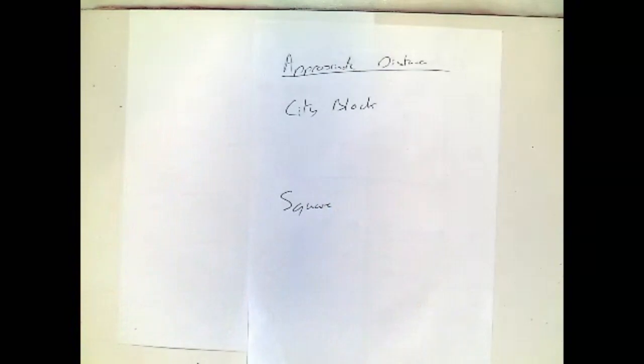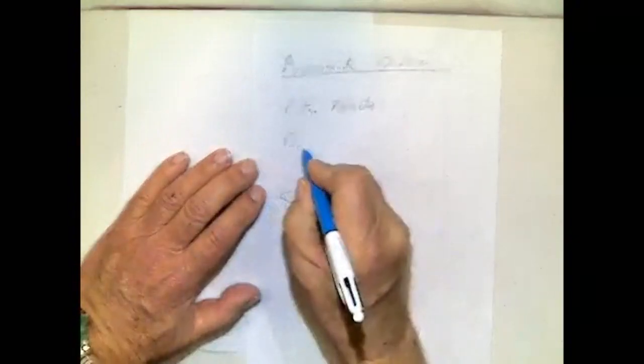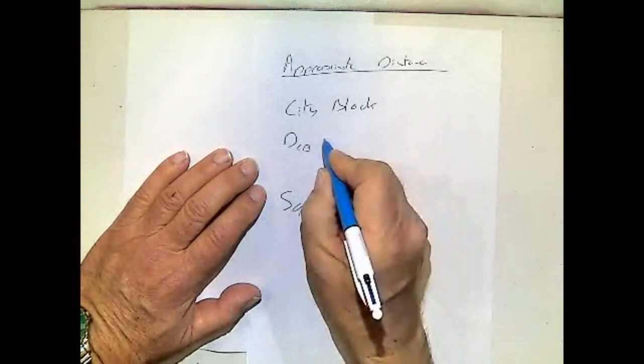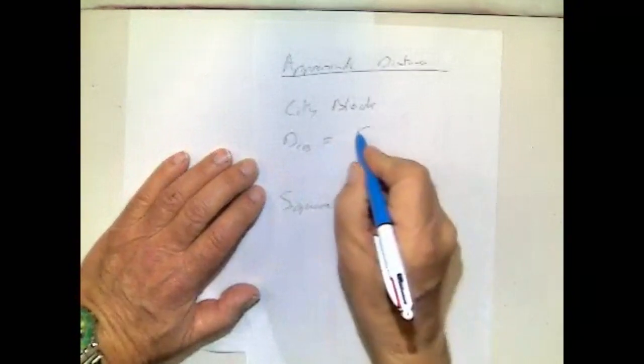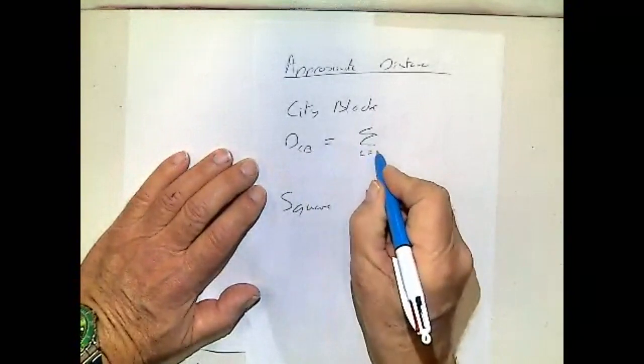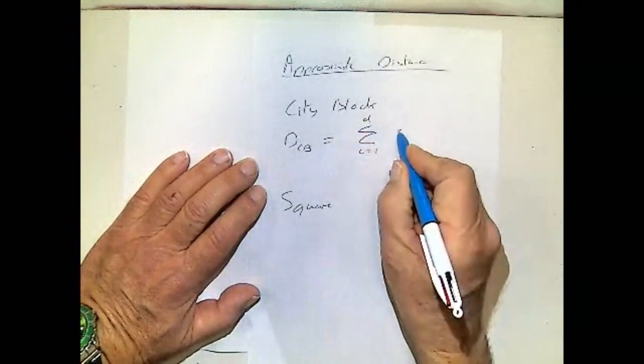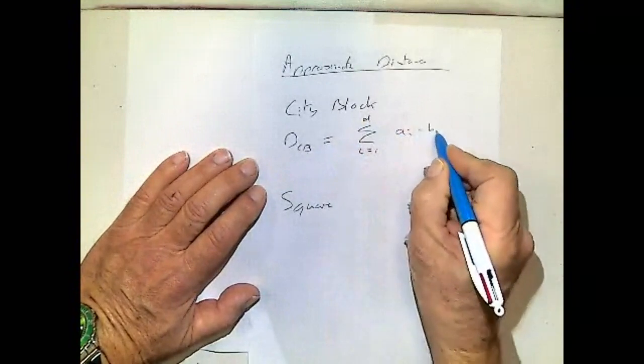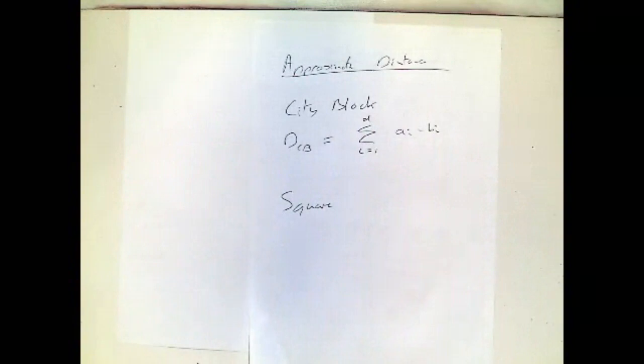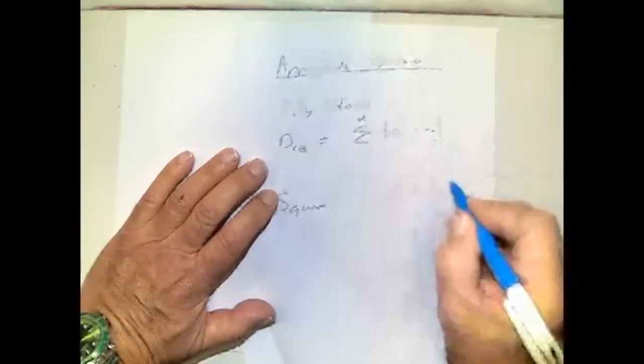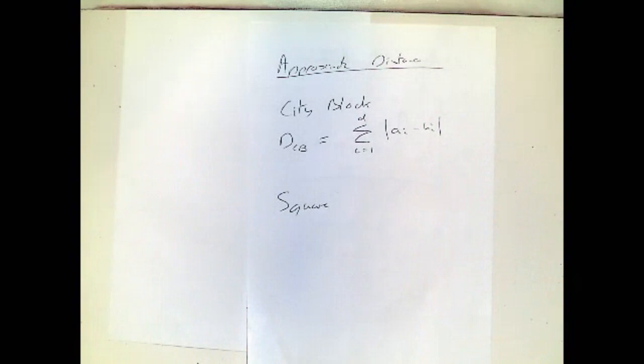And the city block distance, dCB, equals the summation i equals 1 to d, |ai minus bi|, the same contents of the brackets in the Euclidean distance, but you don't square them. You simply take the mod. So you are summing the mod of the difference of corresponding elements between two vectors.